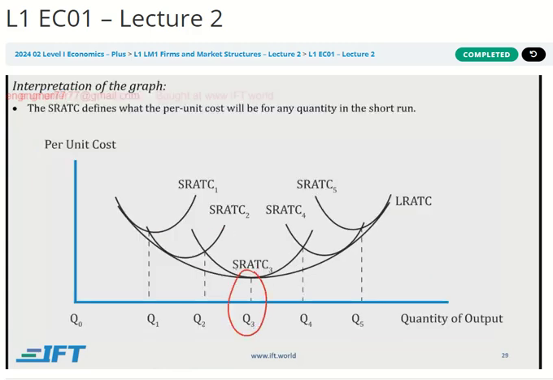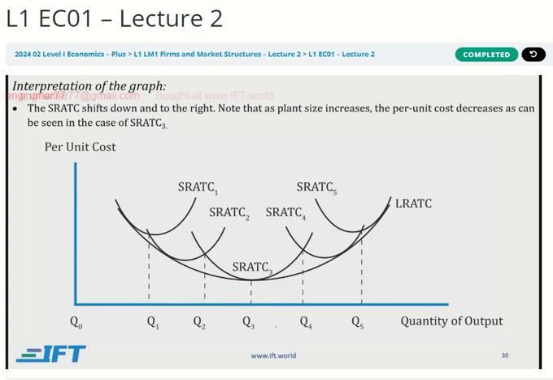right? And that is this point where the per unit cost declines in the short run, and then it keeps declining from one unit to the next in the short run as you expand your business, and then you just have to stop at that optimum point, right? Because as plant size increases, the per unit cost decreases up until the short run average total cost number 3.